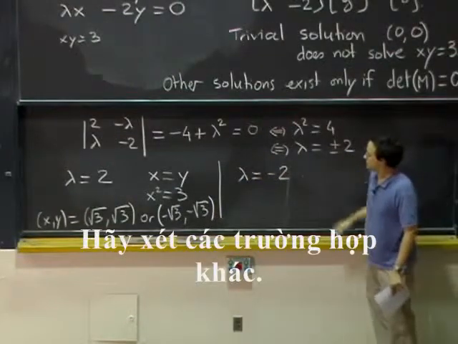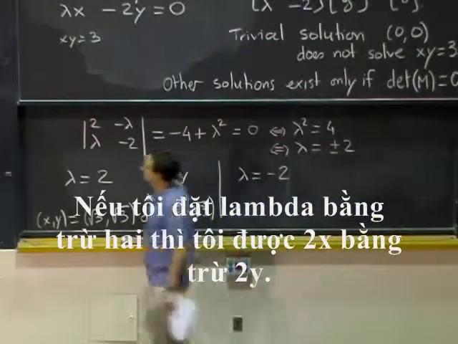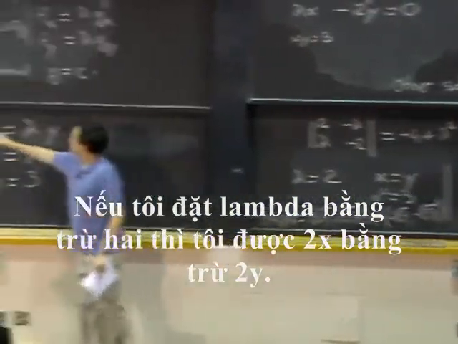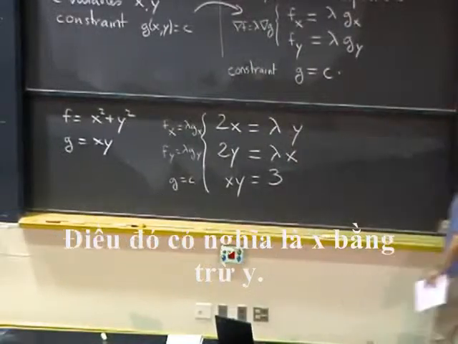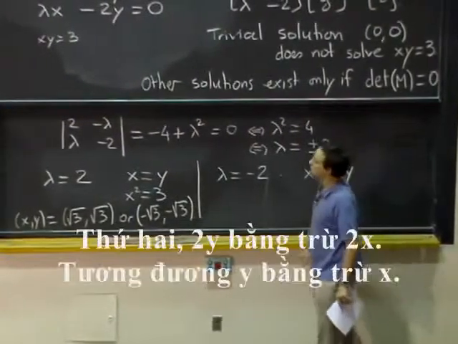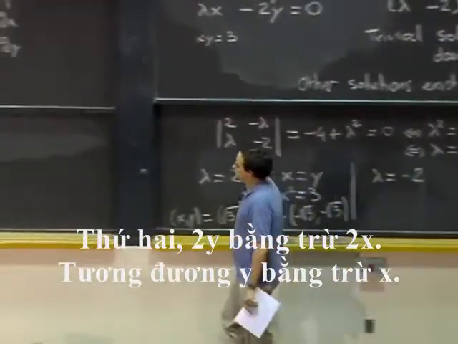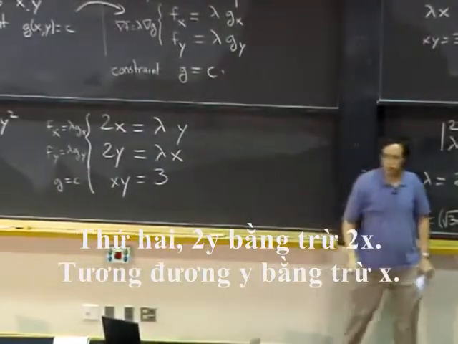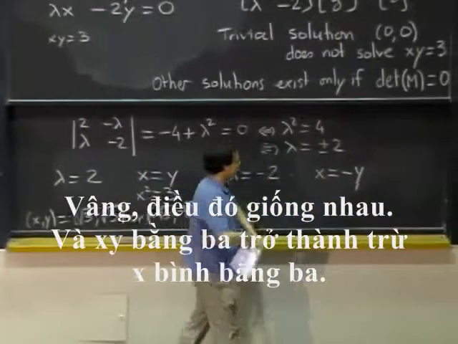Let's look at the other case. Well, if I set lambda equal to negative 2, then I get 2x equals negative 2y. That means x equals negative y. The second one, 2y equals negative 2x, that's y equals negative x. Well, that's the same thing.